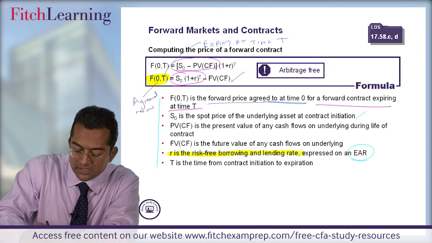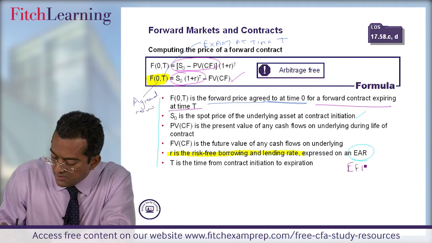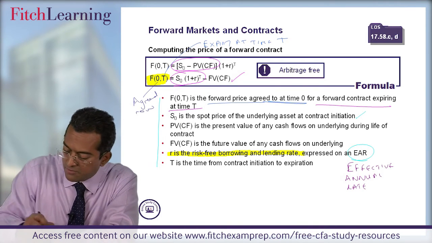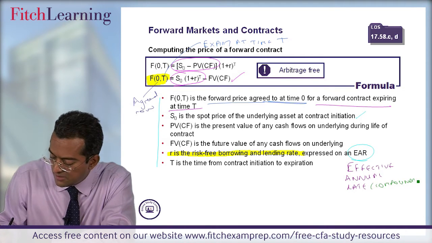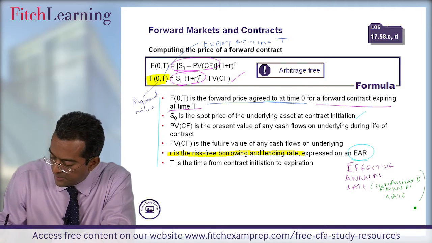Guys, EAR, remember from your quants reading, stands for the effective annual rate. So the key thing, of course, folks, is the word effective. It means that the rate is a compounded annual rate. So that's the most important thing.